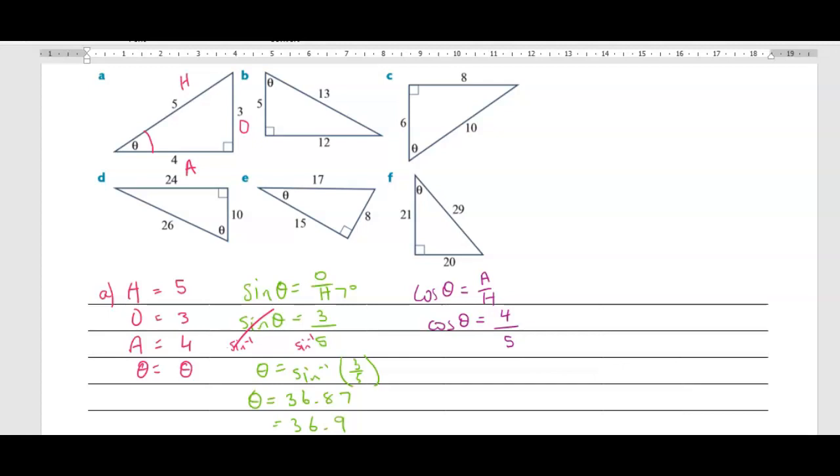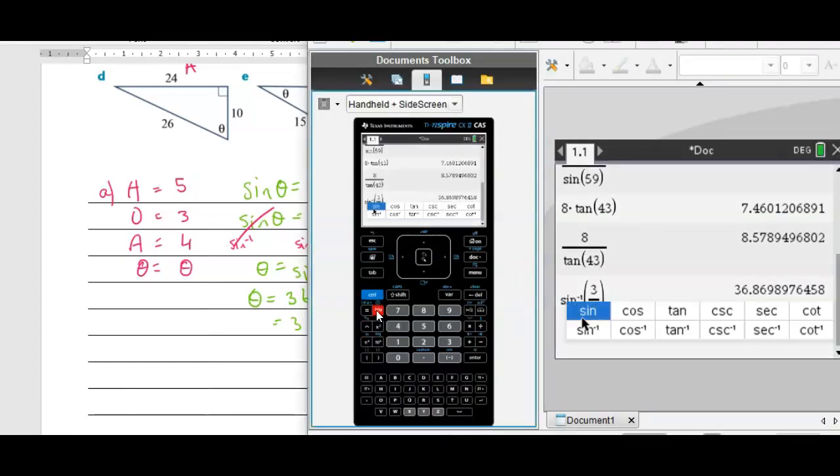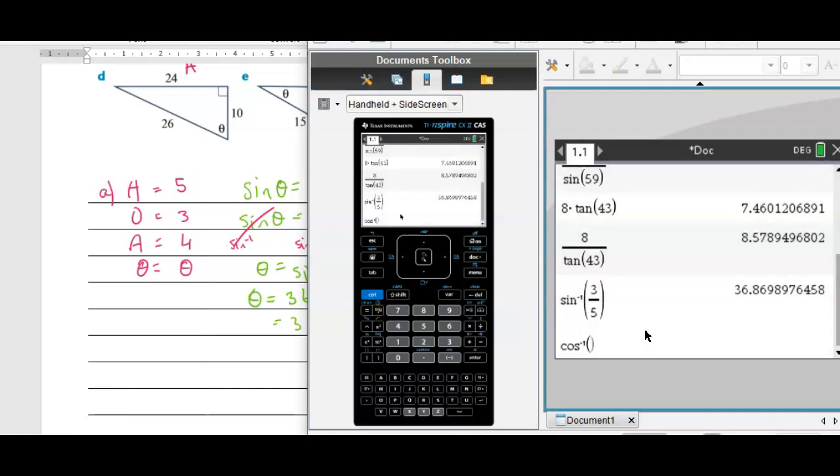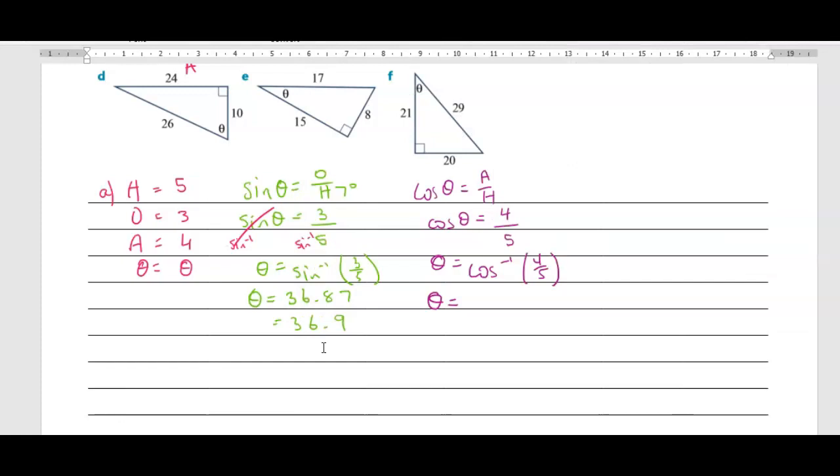So theta equals inverse cos of 4 over 5. We'll do that on the calculator. Inverse cos 4 over 5, and you can see, wow, we get the same angle, 36.9, which you would hope, because theta hasn't moved.